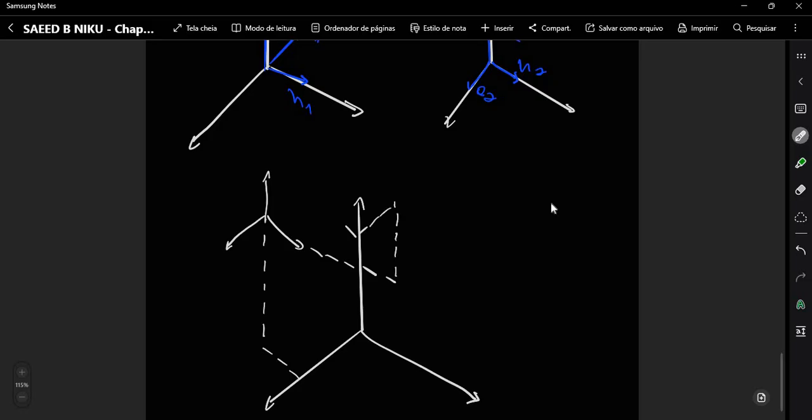So the coordinates of the point will change.